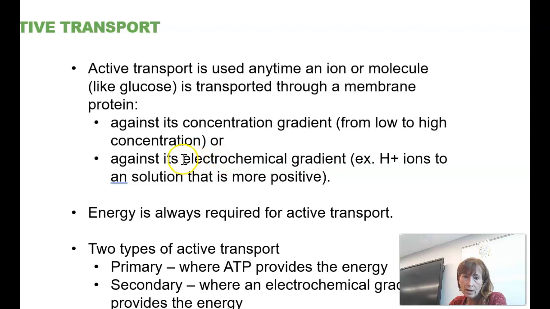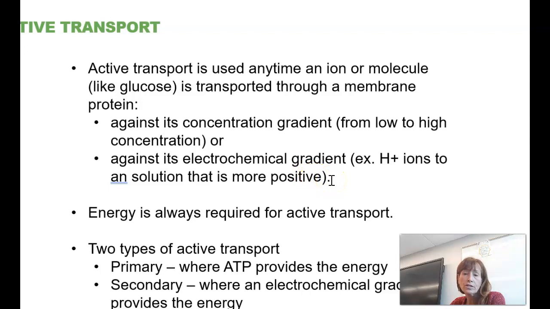Another possible way that we have to consider is not just in terms of the amount of a solute, like how much glucose there is, that concentration of that material, but also where are the charges. So in some materials, like ions, the charge could be an issue because sometimes the positive charges want to go in, because there's more negative charges inside the cell, and therefore sometimes that's not a desirable thing.